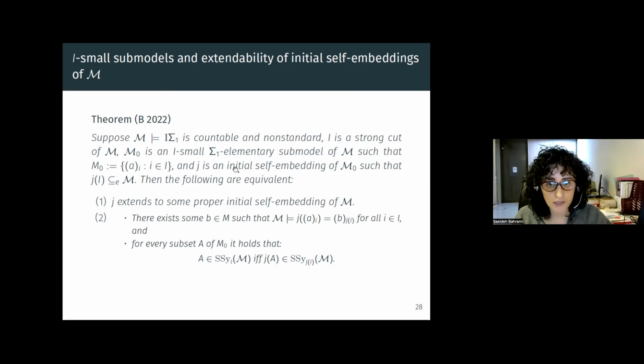I said that J is an initial self-embedding of M0, but there's no guarantee that J of I is an initial segment of M, so we have to add this part here.